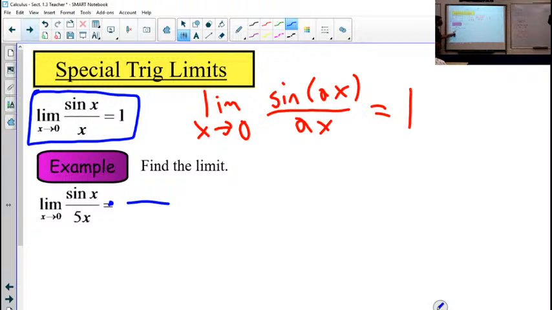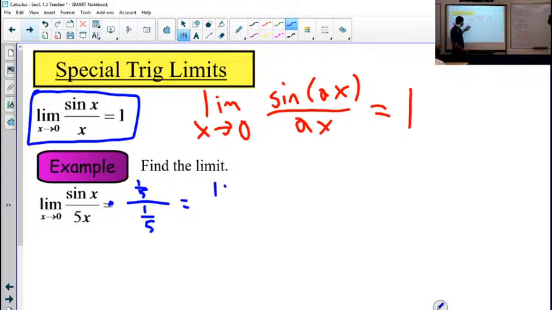What would I multiply 5 by to get 1? It'd be 1/5. So on the top, what we're basically doing is moving where this 5 is. That's all we're really doing.